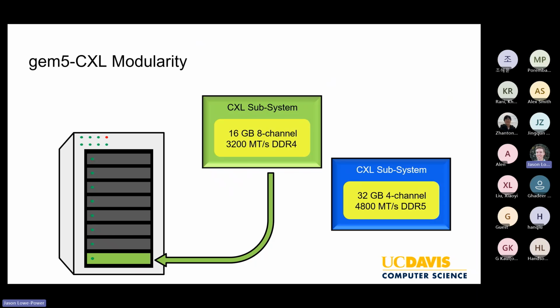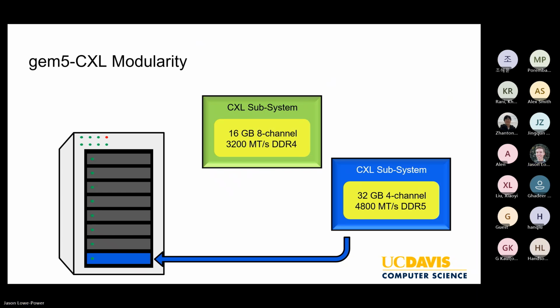So let's say here you have two different systems with a 16 gigabyte 8-channel memory, and you want to add this 32 gigabyte channel. You can simply slot that into our cluster object via this standard library CXL subsystem object, and run that simulation instead. Very easy, simple to use. Just the same sort of script you've been running already for gem5, you just slot that in.